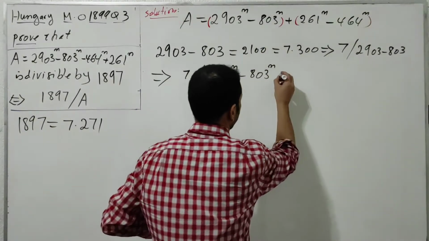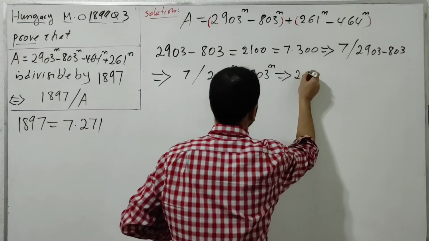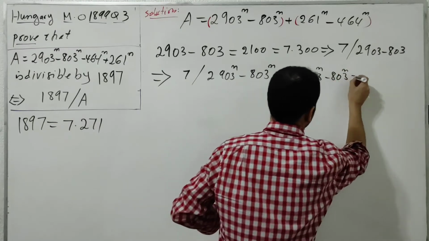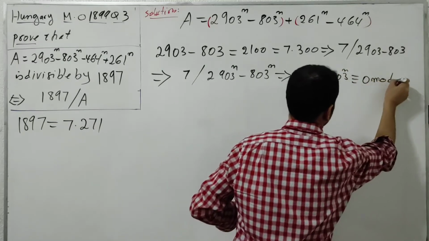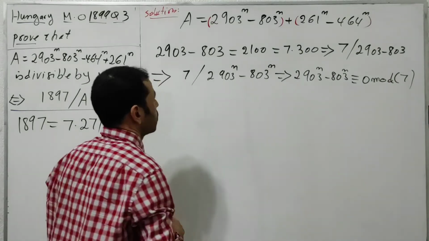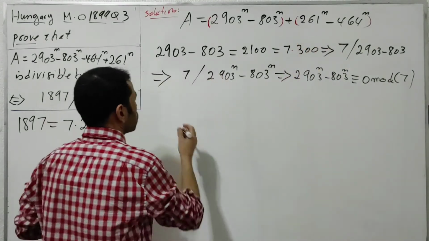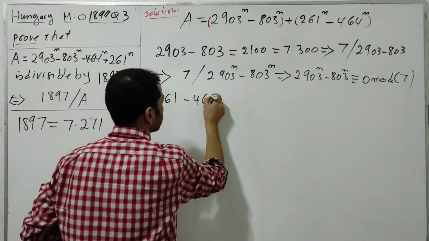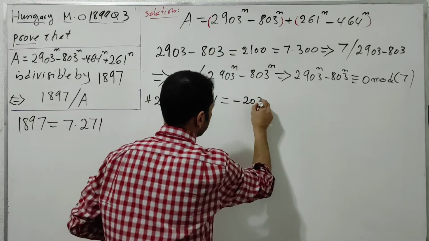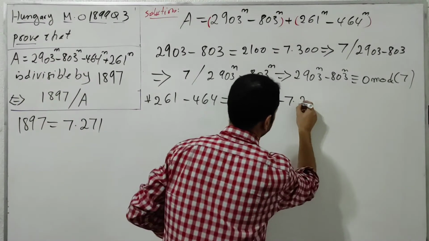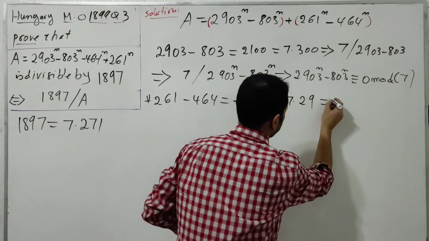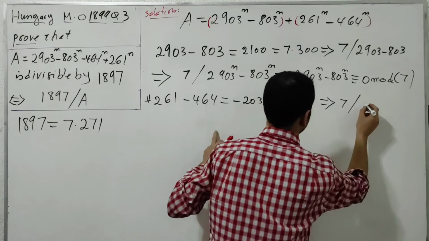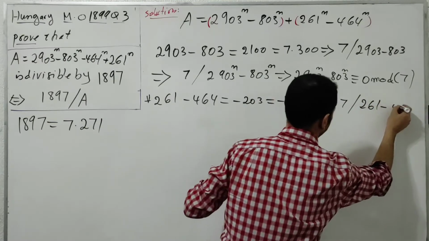This implies 2903 to the n minus 803 to the n is congruent to 0 mod 7. Now I'm going to check these other two numbers. As we said, 261 minus 464 equals minus 203, which equals minus 7 multiplied by 29. So that means 7 divides 261 minus 464.